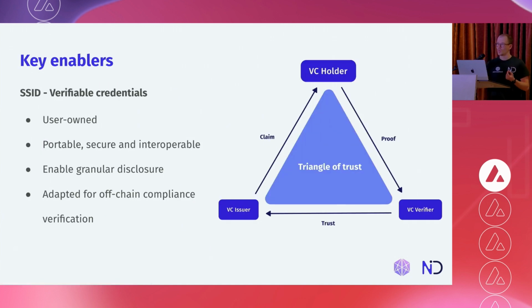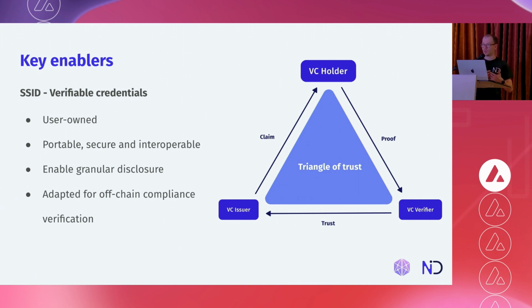So what we aim to have with self-sovereign identities are identities that are user-owned, portable, secure, and interoperable. And right now, what emerged as the basic building block of self-sovereign identities are verifiable credentials. They're a system that functions based on the approach described in the diagram.